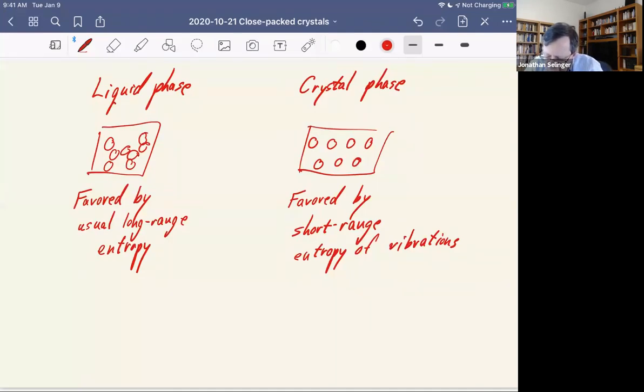Because for crystals, particles cannot move around in the whole available space of the material, right? It can only be localized around a certain small region. True. I would say, I mean, this is a description of an equilibrium phenomenon, right?